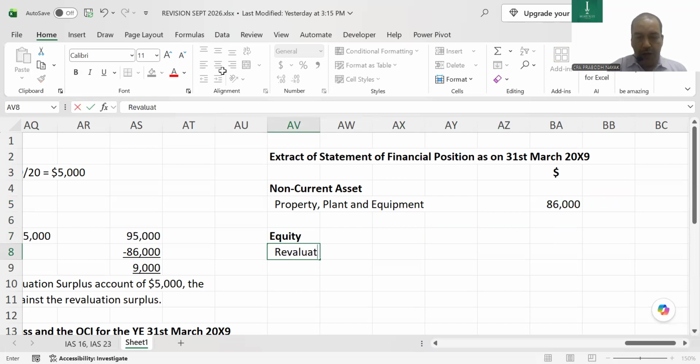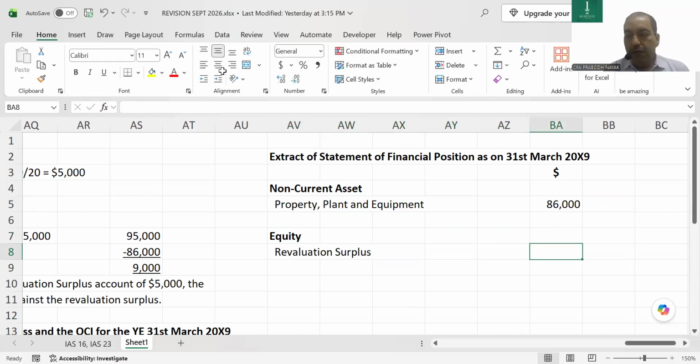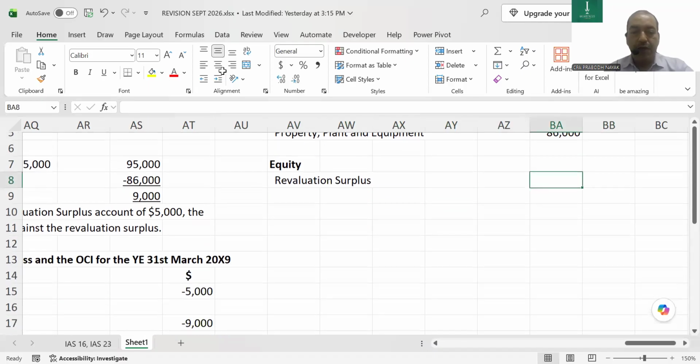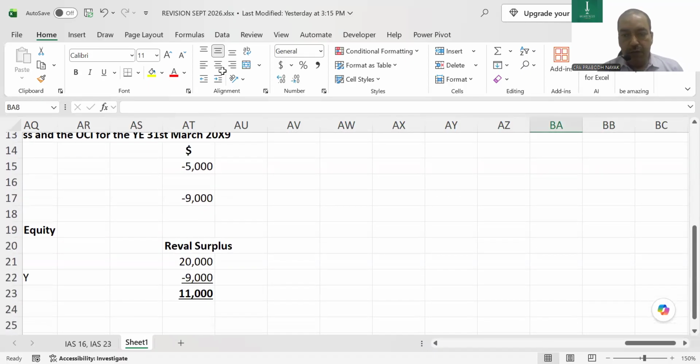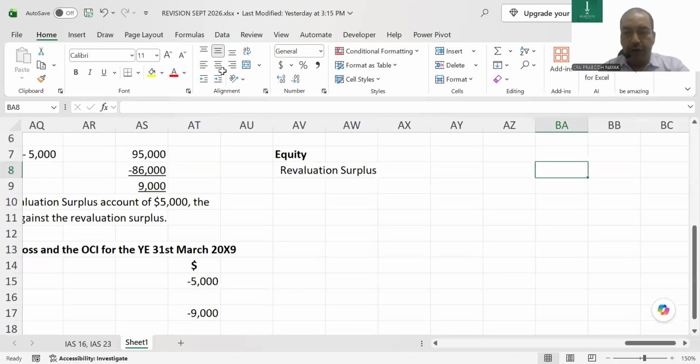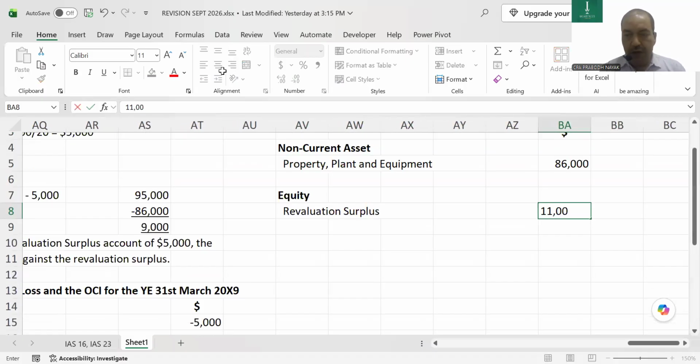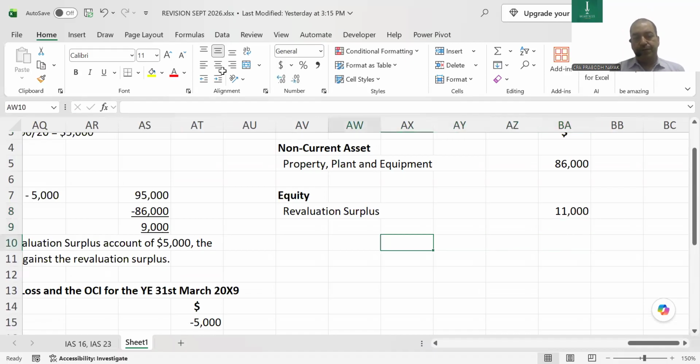In it I will show the revaluation surplus, whatever balance is left. How much balance is left? 11,000, right? So revaluation surplus is going to be 11,000. That's it.